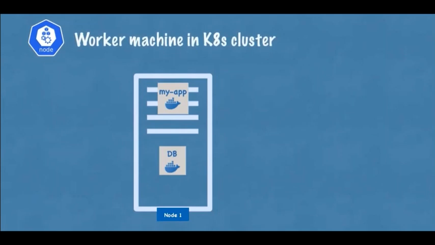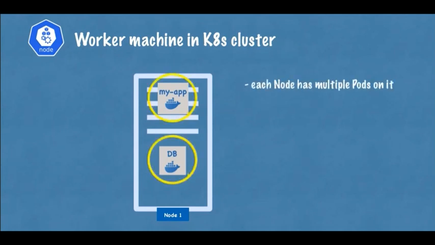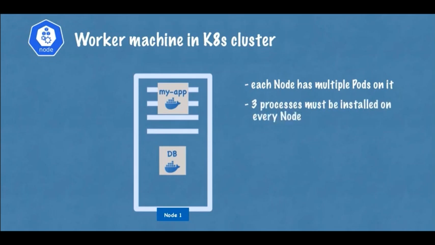So this is the node view, where we have K8s clusters we are working on. Most probably a Kubernetes cluster has two components: worker servers called nodes, and each node has multiple application pods. They communicate using three processes that must be installed on every node, which are used to schedule and manage those pods.